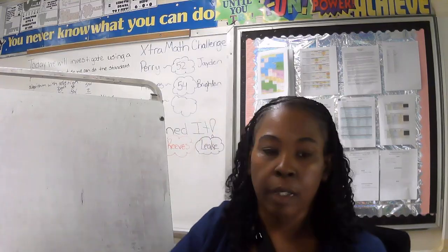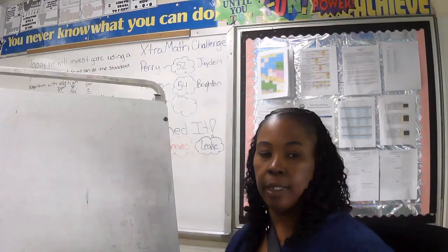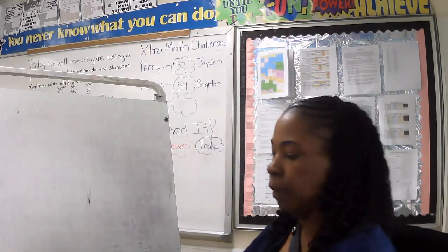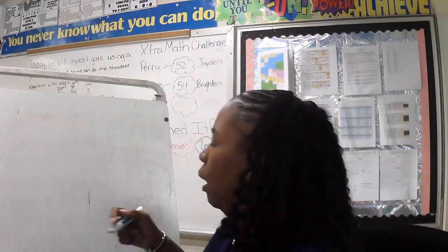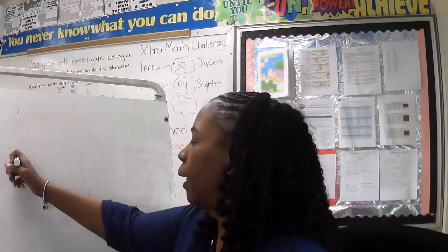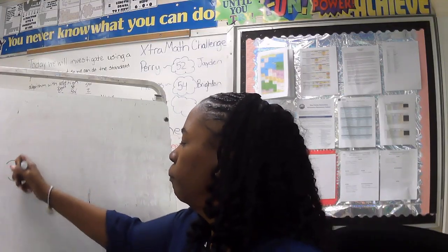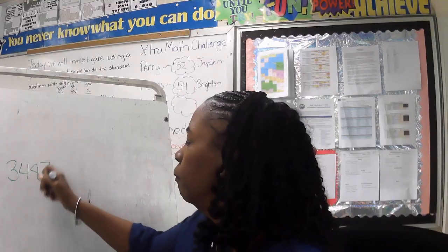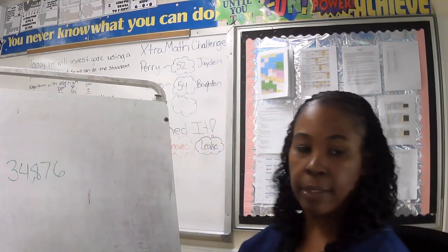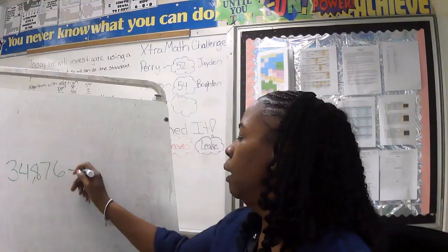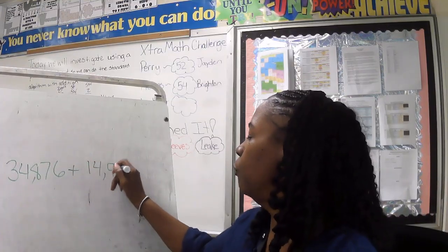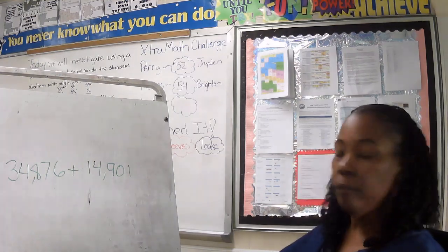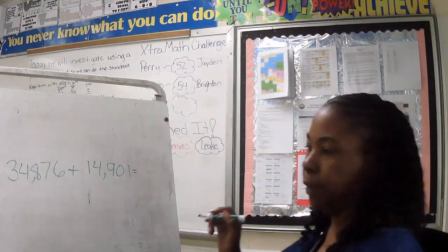Okay. So let me do this one here, and I hope we remembered this from earlier when we were starting off in bell ringer early in the year. So I have 34,876 plus 14,901, and they want me to add them.